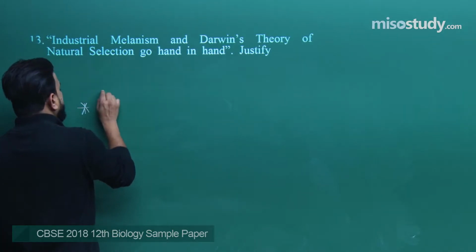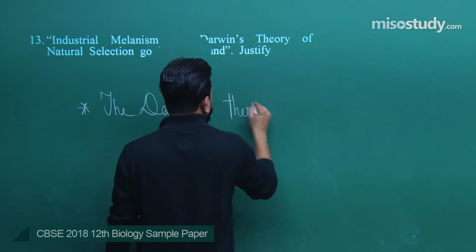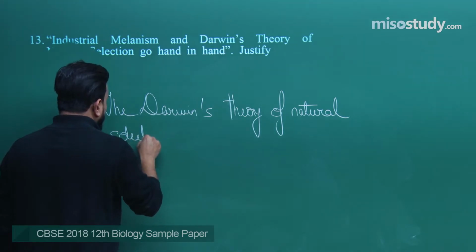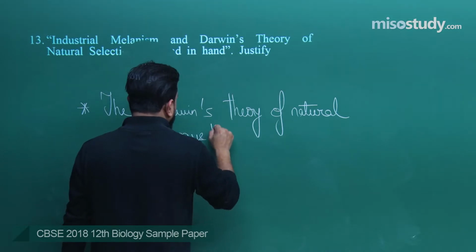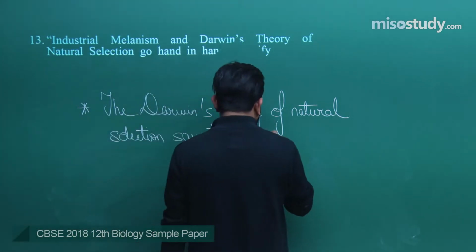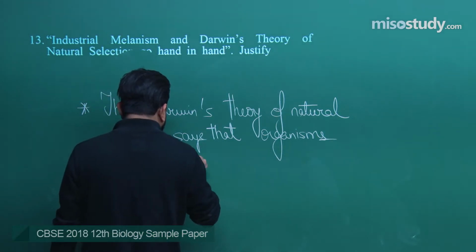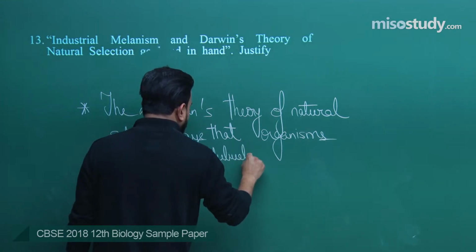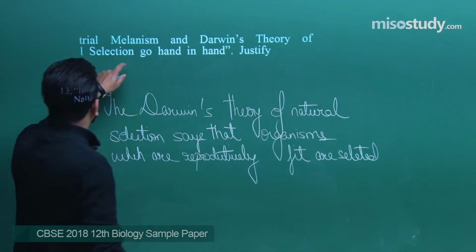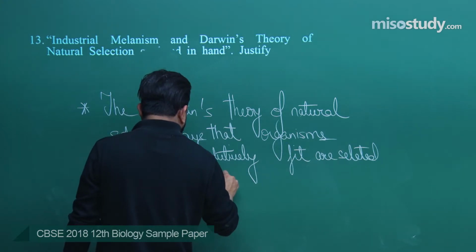Darwin's theory of natural selection says that organisms which are reproductively fit are selected naturally by the environment. Okay, did you get this?